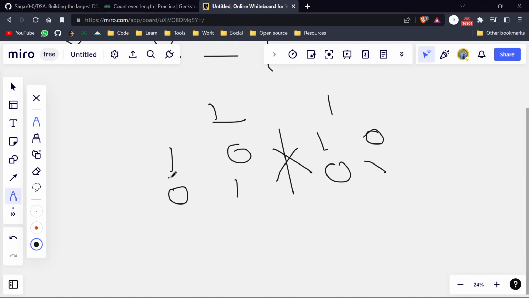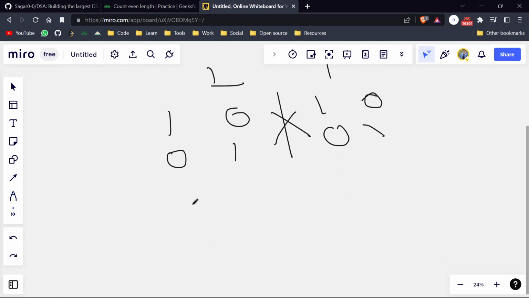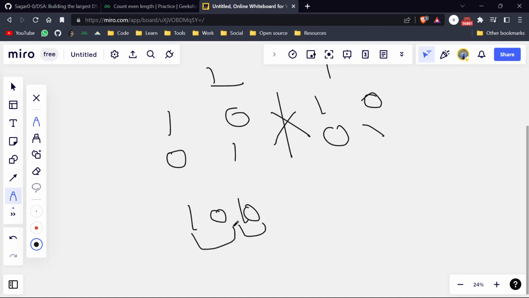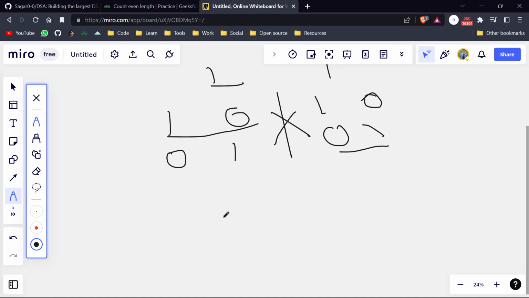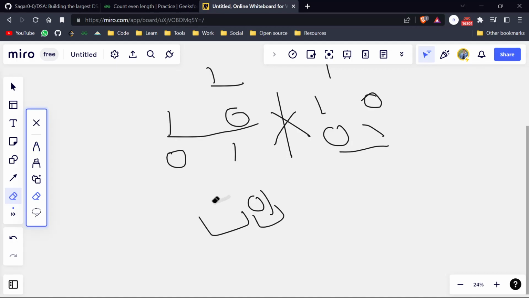When we combine them, like 1 0 1 0, we have sum equal to 1 in the first half and 1 in the second. Then 1 0 0 1 is also a valid case, where the first n numbers have sum 1 and the last n numbers also have sum 1.